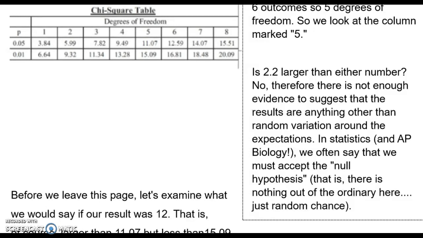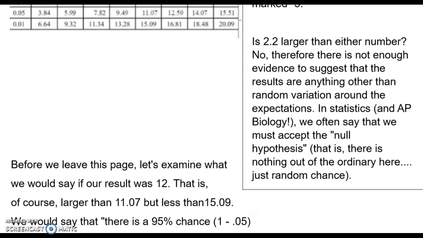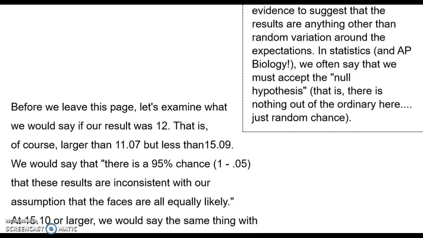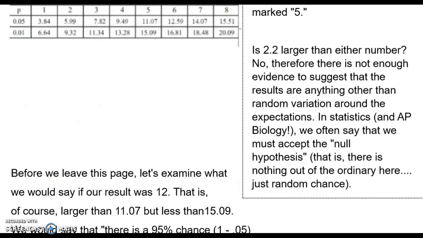Okay. But what if, for example, the number had come out to be 12? If our chi-squared number turned out to be 12, here's what we would say. It's obviously larger than 11.07, so it beats that number there, but it's not larger than 15.09.